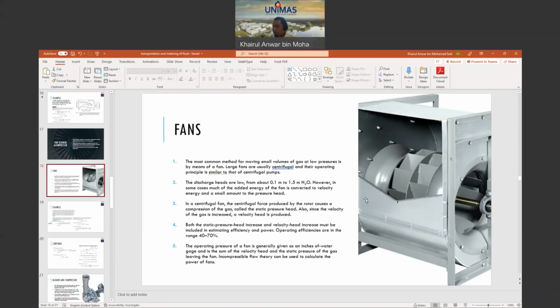Also, since the velocity of the gas is increased, a velocity head is produced. Both the static pressure head increase and velocity head increase must be included in estimating efficiency and power. Operating efficiencies are in the range of 40 to 70%.